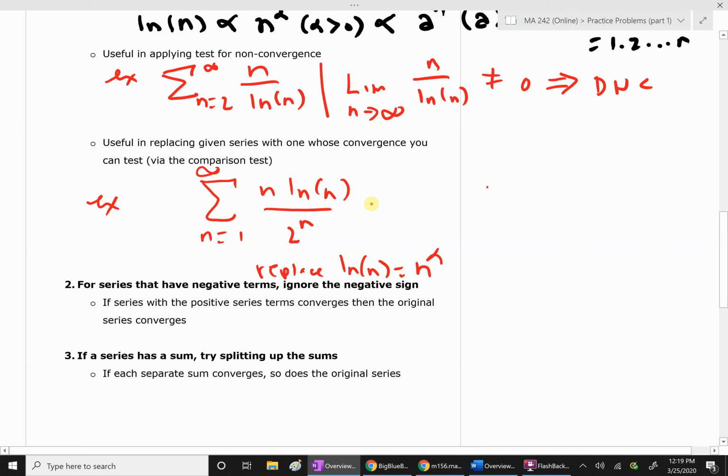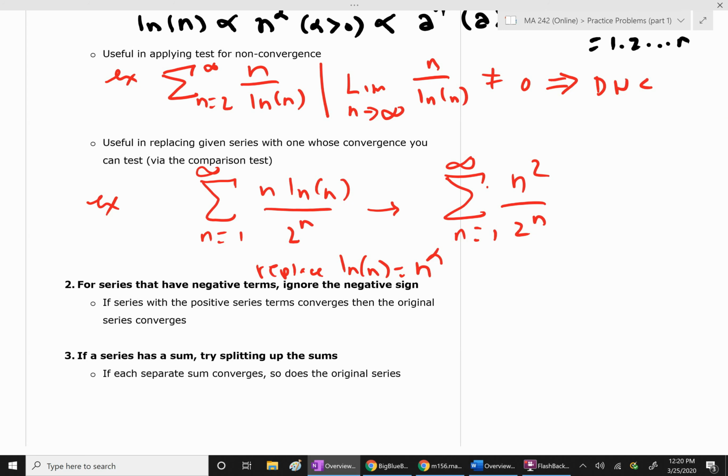Okay. So if I do that, the series I'm looking at now is the sum from n equals 1 to infinity of n squared over 2 to the n. Now the reason why I do this is because I know that natural log n is less than n. So now I can actually use the comparison test.